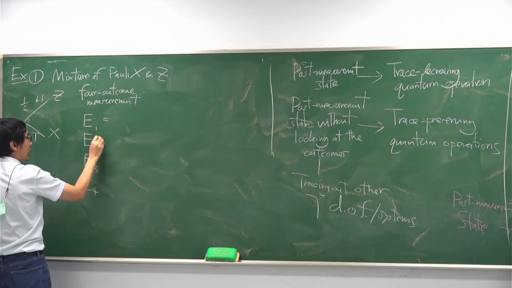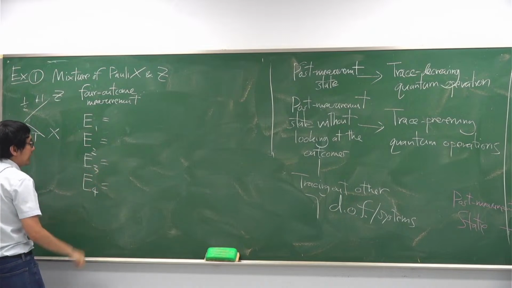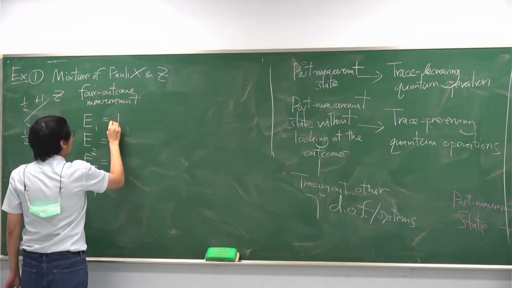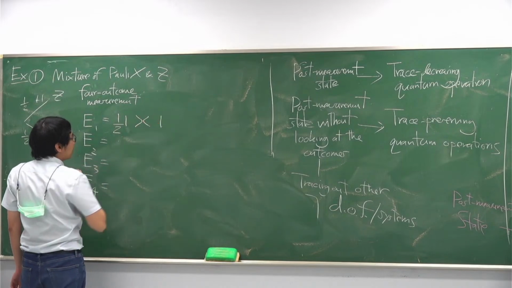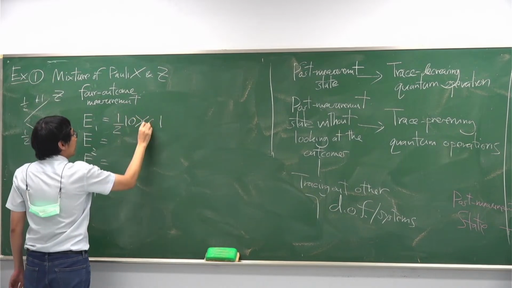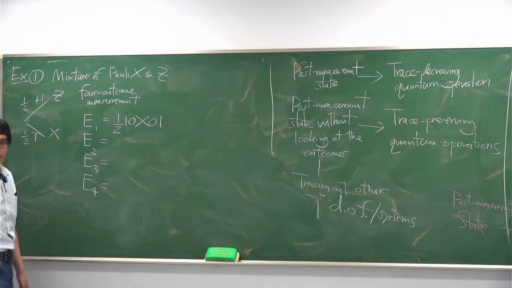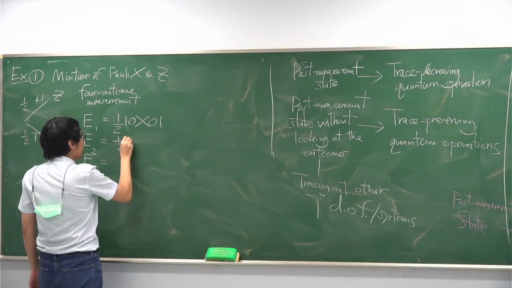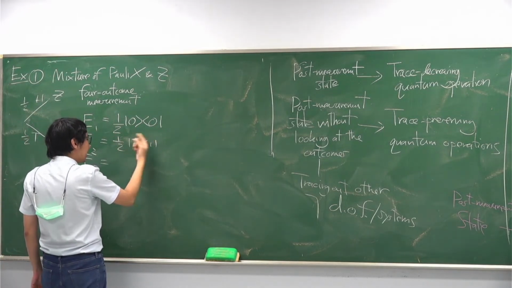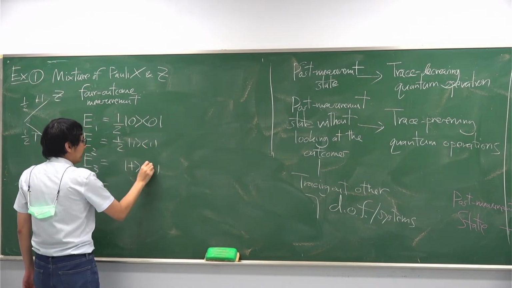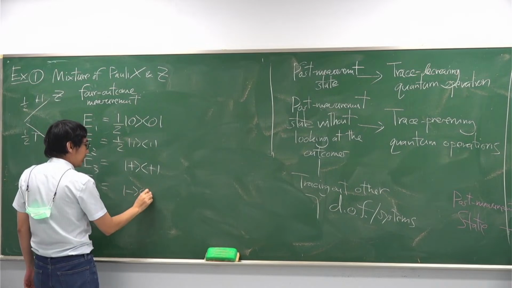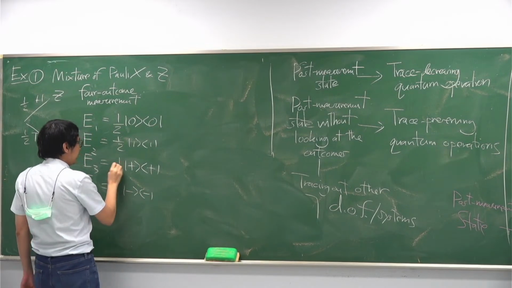You can order them in any way you want. So here you have probability 1/2 of measuring Z and then getting the 0 outcome, the up outcome, and then the other outcome of the Z measurement, and then now you have the two orthogonal outcomes of the X measurement.